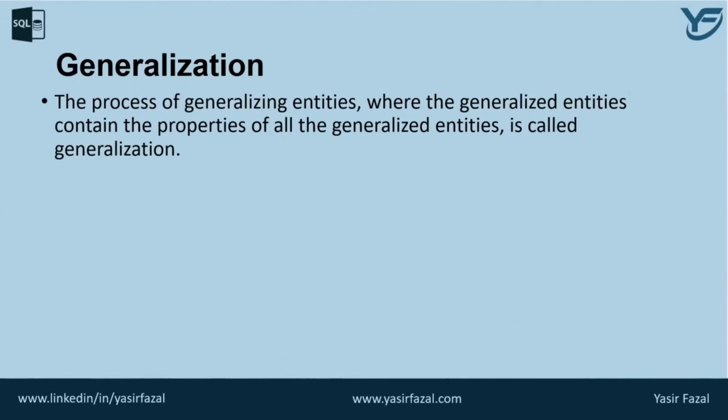Generalization is more like the subclass and superclass system, but the only difference is that generalization uses the bottom-up approach. Entities are combined to form more generalized entities. Subclasses are combined to make a superclass. Let's understand these four points with examples.